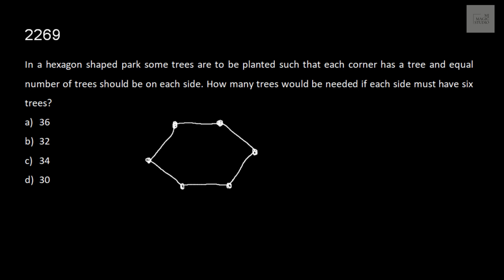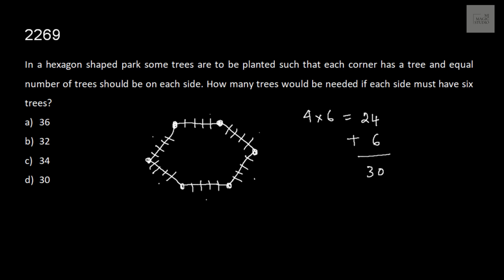So in this side we have 1, 2 already. We need 1, 2, 3, 4. Here also we need 4 more. Here also we need 4 more, 4 more, 4 more, and 4 more, isn't it? So if we look at this, 4, 4, 4, 4, 4, 4. 4 into 6 is 24 trees, and at the corner points we require 6 more.